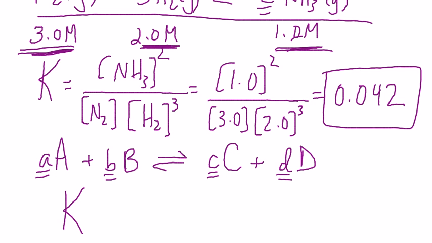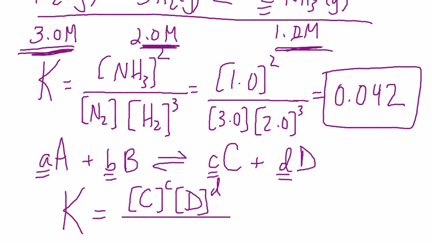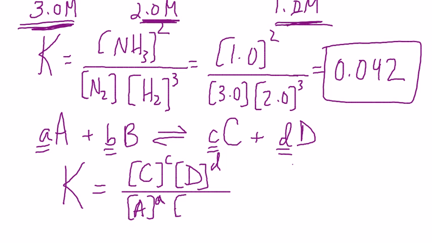We can look at the balanced chemical reaction, and we put products over reactants, and the products are raised to the coefficients in their balanced chemical reaction, and they're divided by the reactants raised to their coefficient powers.